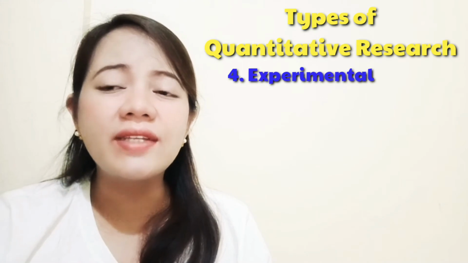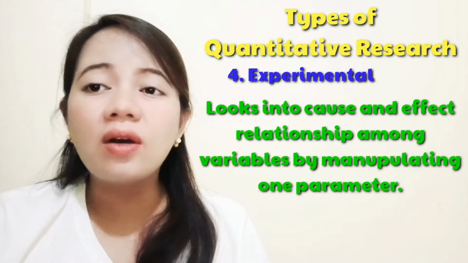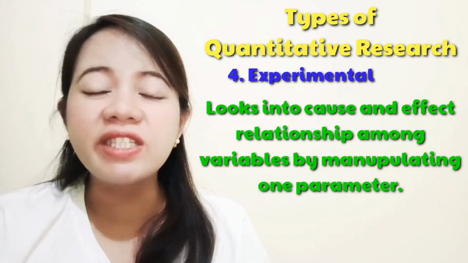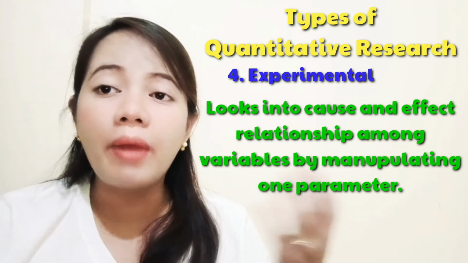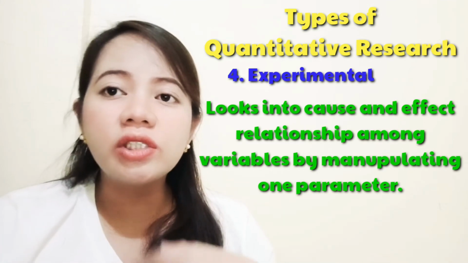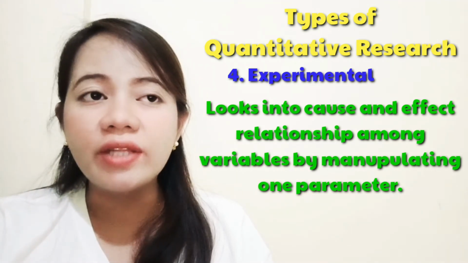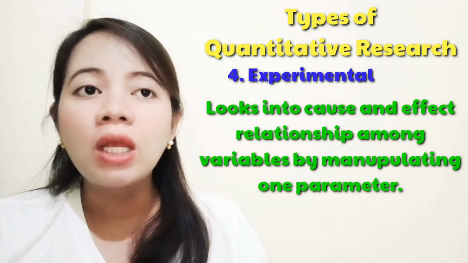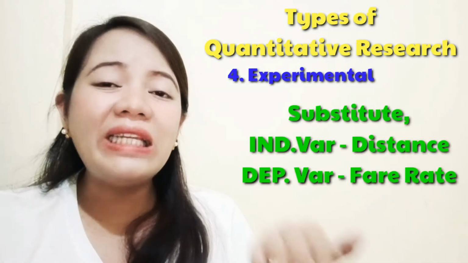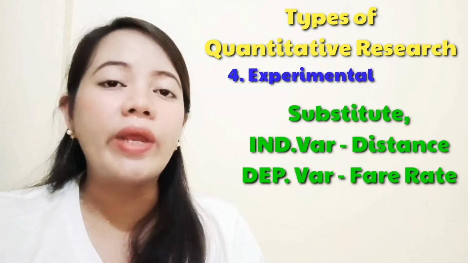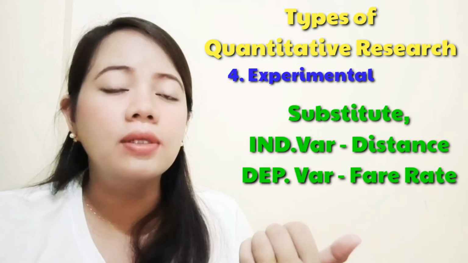Experimental research, guys, on the other hand, reveals a cause and effect relationship by systematically manipulating one parameter, the independent variable, and observing the influence on another, the dependent variable. To make it easier to understand, let us substitute the variables.